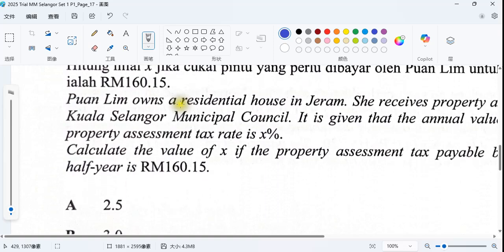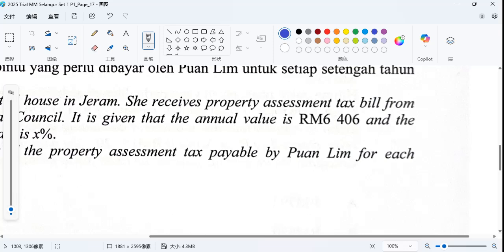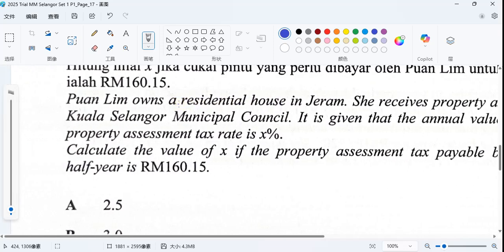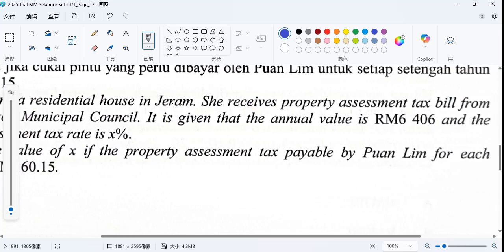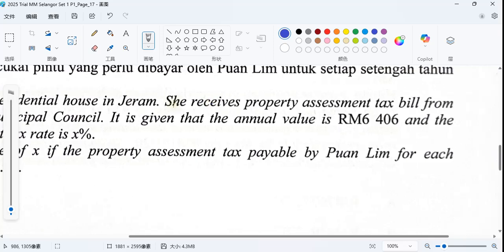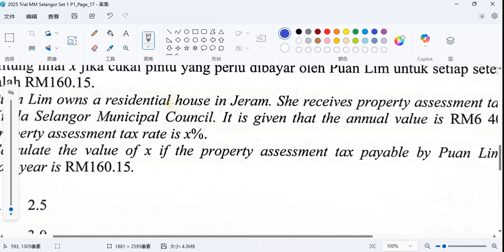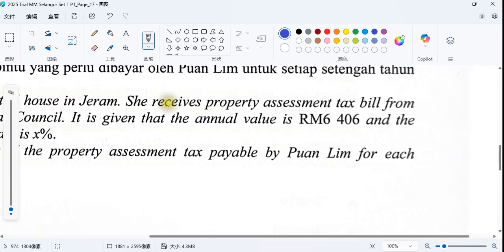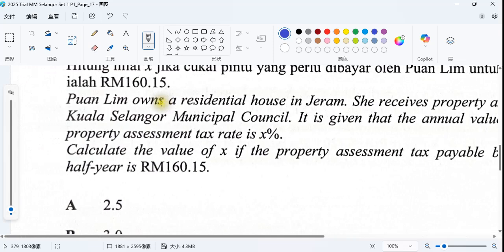Kuan Lin owns a residential house in Jeram. She receives a property assessment tax bill from Kuala Selangor Council. Annual value is 6,406, and the property assessment tax is X%. Calculate the value of X if the property assessment payable by Kuan Lin for each half year is 160.15.